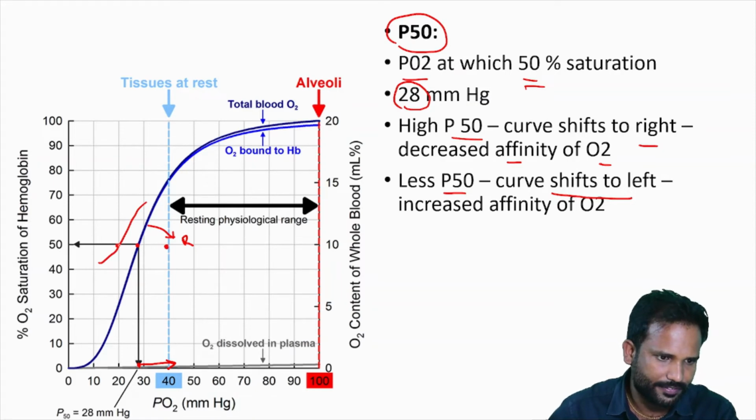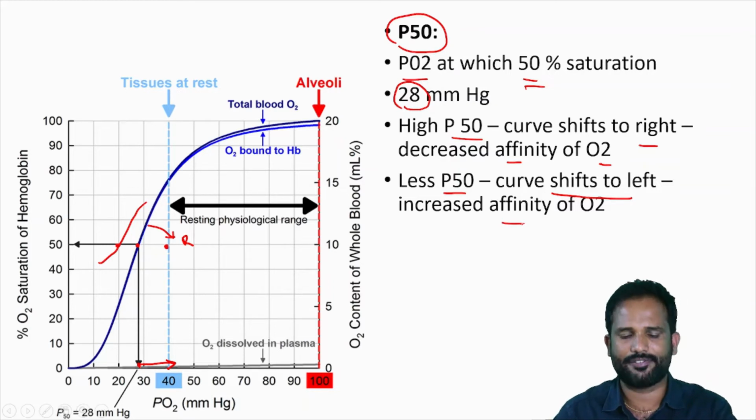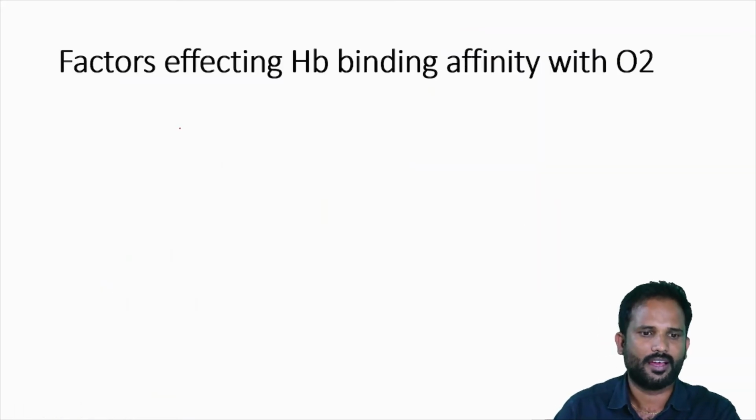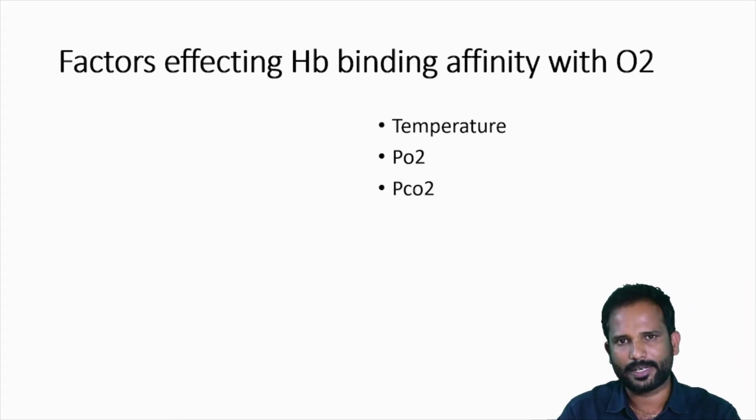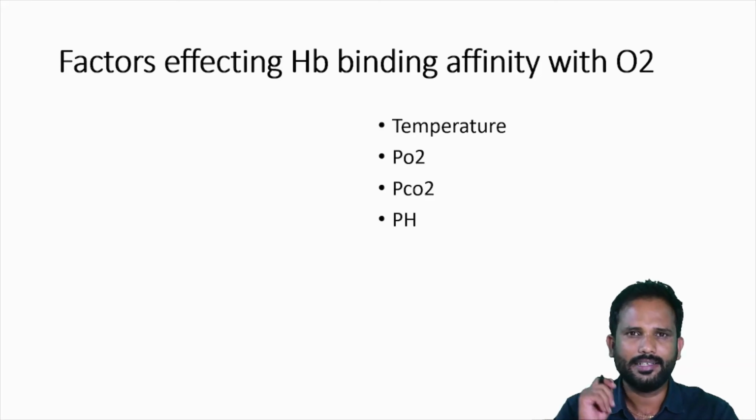So P50 is low, the curve shifted to the left indicates increased affinity of oxygen. And factors affecting the hemoglobin binding affinity with oxygen: one is temperature, partial pressure of oxygen, hypercapnia or hypocapnia, so partial pressure of CO2, and pH.